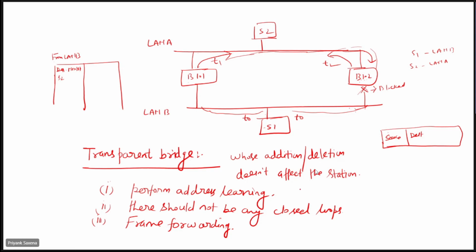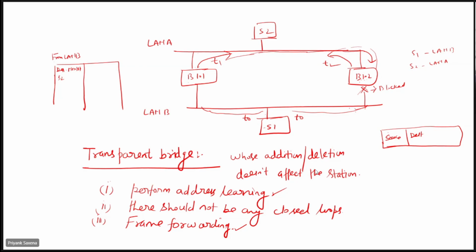Now we have seen the address learning. You also know how the bridge is used to forward the frames based on routing decisions, right? Now the thing is that there should not be any closed loop. To satisfy this criterion, we draw a spanning tree.